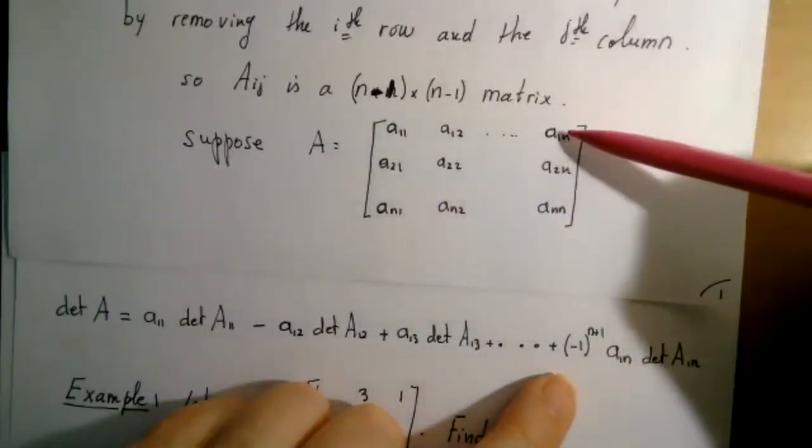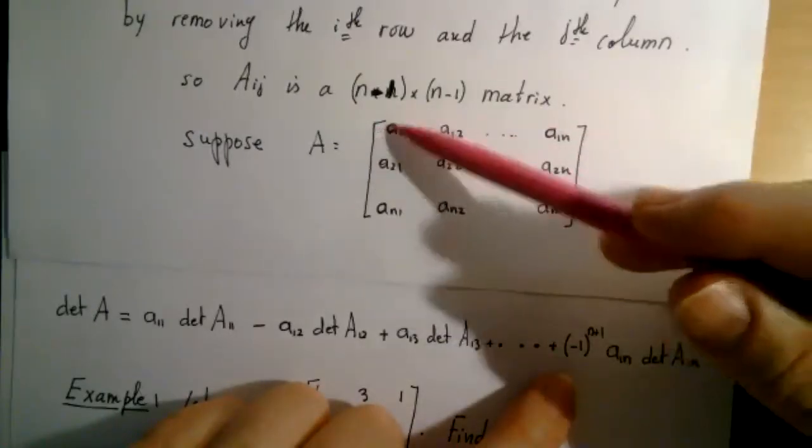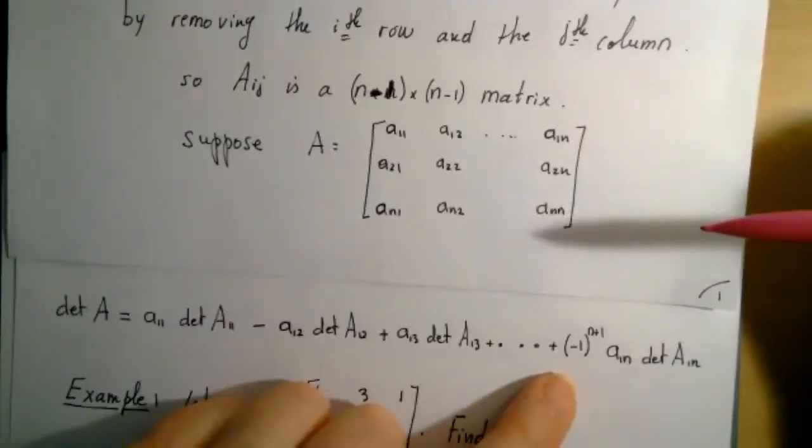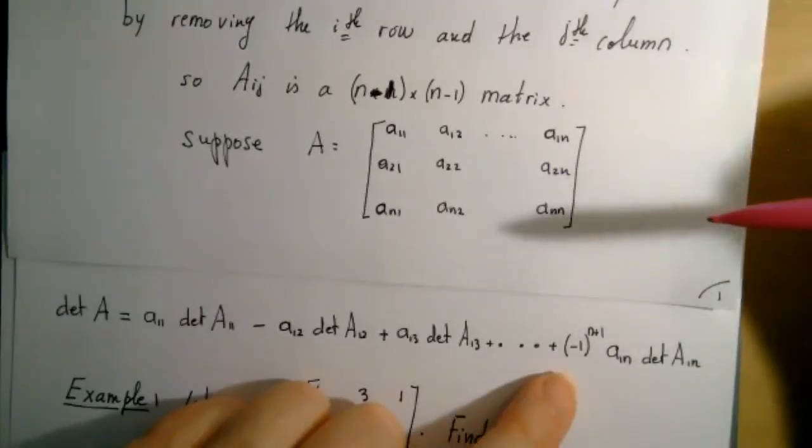And again, this entry times the determinant of the matrix obtained by removing the row where this entry is and the column where this entry is. So that's the definition of the determinant.